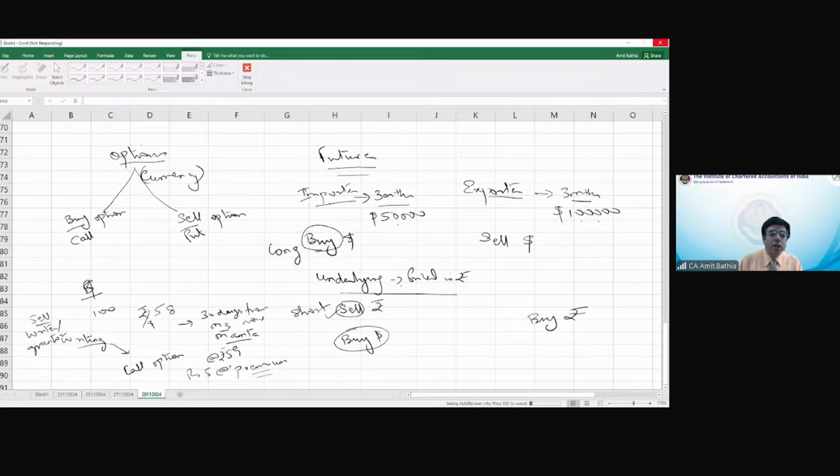Now, say, for example, 30 days from now, the market rate is rupees 60.